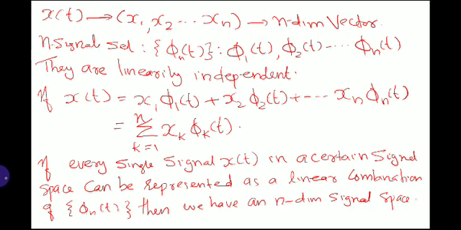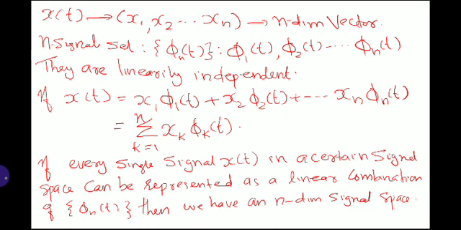So here we are considering an n-dimensional space, and a signal x of t can be represented as x1 phi1 of t plus x2 phi2 of t plus etc. xn phi n of t, and this phi1 of t, phi2 of t, phi n of t are called the basis vectors, and they will span the n-dimensional signal space.